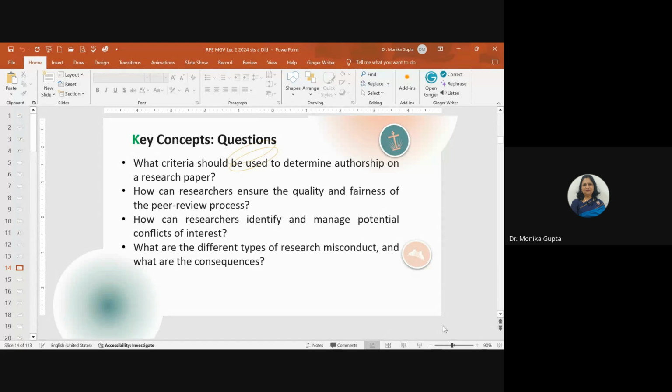Third, how can researchers identify and manage potential conflicts of interest? Okay. Disclosure of potential conflicts, independent review of research protocols, avoiding situations with significant conflicts, and implementing conflict of interest policies. The last, what are the different types of research misconduct and what are the consequences?